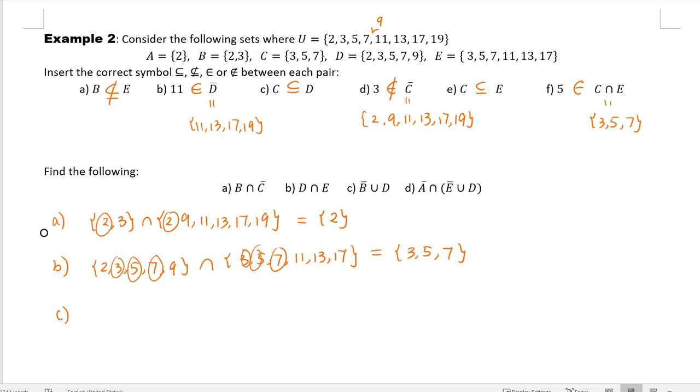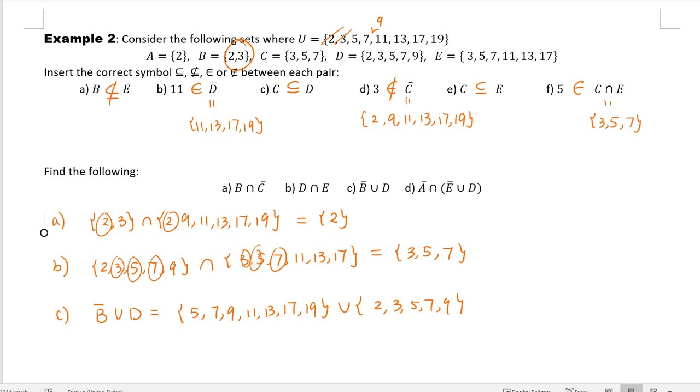Alright, let's continue. B complement union D. Okay, what is B complement? Well, B is 2, 3. Complement is we look at U and we take out 2, 3, and the rest are in the complement. So 5, 7, 9, 11, 13, 17, 19. And then union D. D is 2, 3, 5, 7, 9.